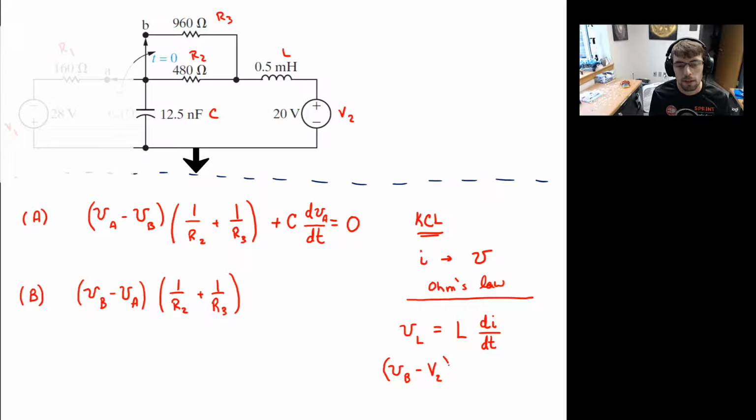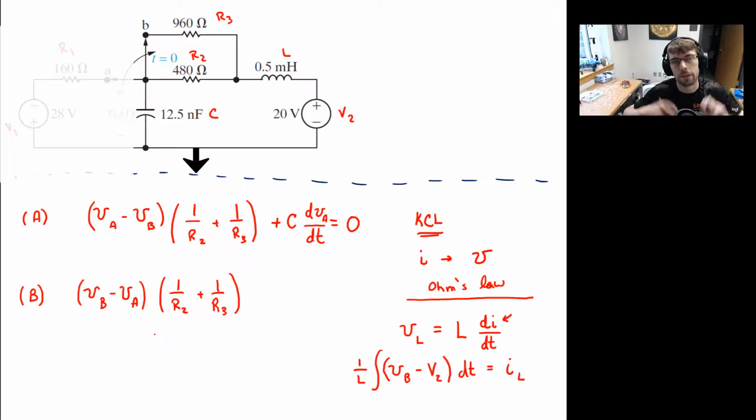And because I'm interested in having the current across or through the inductor, I will have to rearrange this equation to move the derivative to the other side.